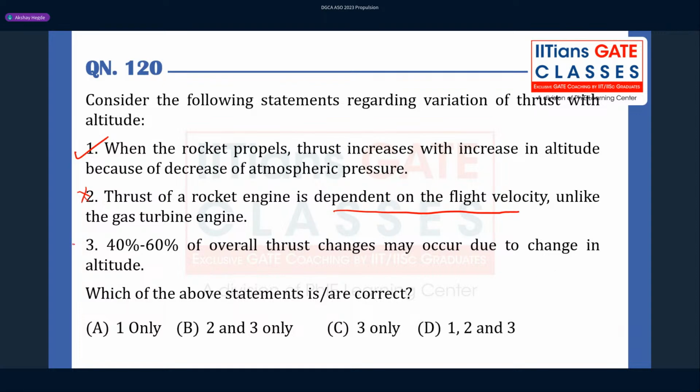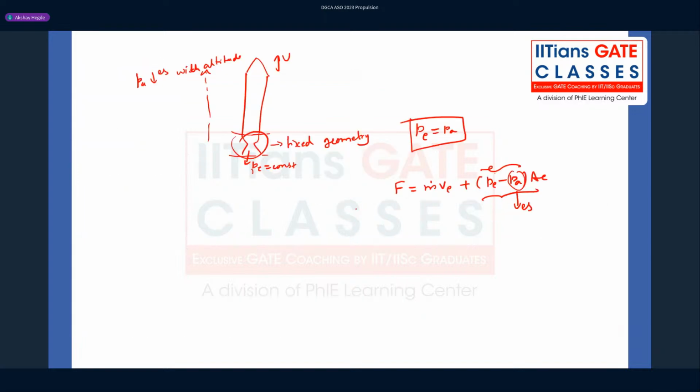And the last one, 40 to 60% of overall thrust changes may occur. This is very hard to comment because no other information is given to calculate the thrust, and 40-60% is really a huge number. So that's exactly why we use the concept of serial staging. So we don't want to have changes in that magnitude.